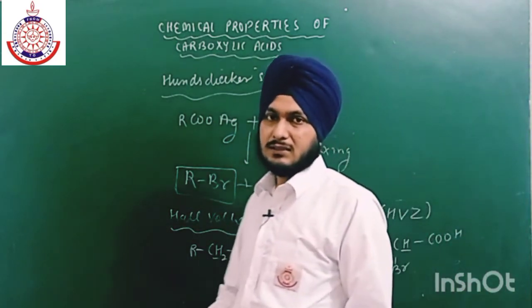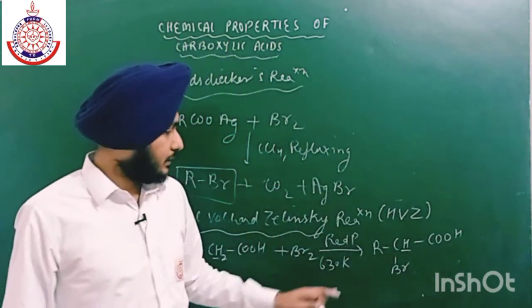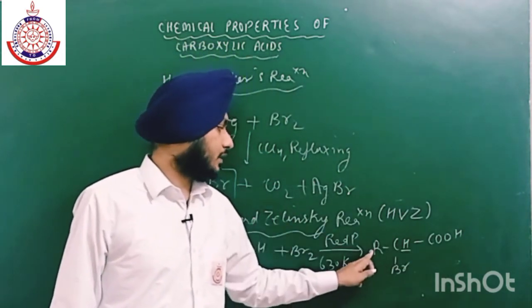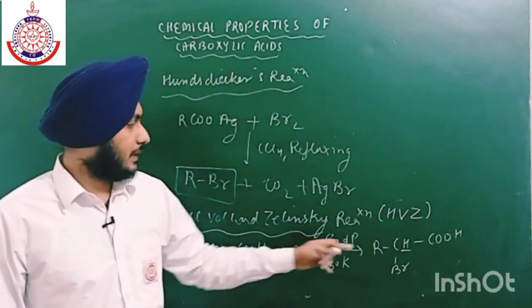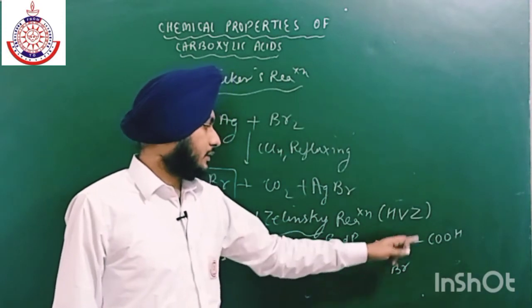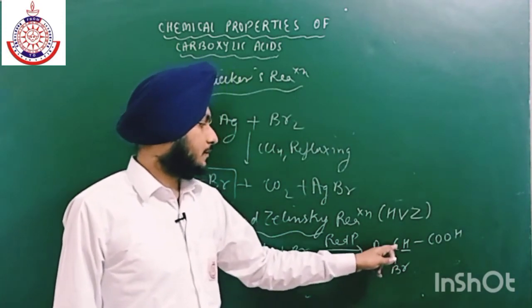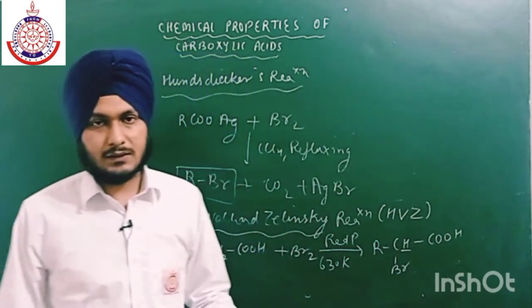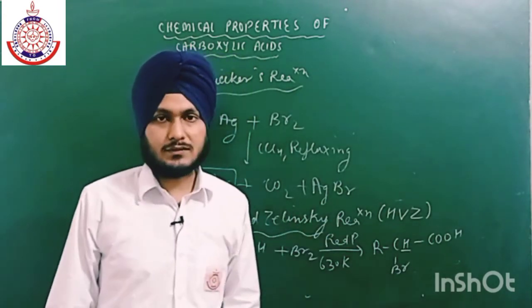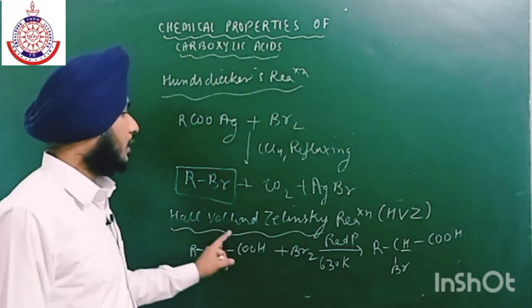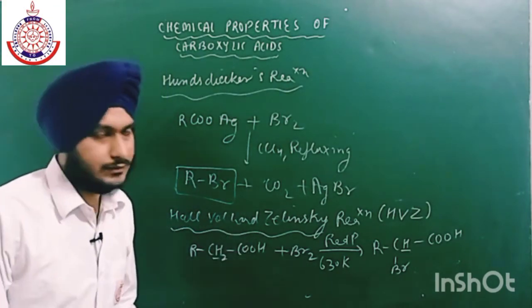This is alpha carbon, this is beta carbon, which is next to the alpha, and the product is known as alpha bromo carboxylic acid, whichever carboxylic acid we are using. So this reaction is very important, Hell-Volhard-Zelinsky reaction, HVZ.